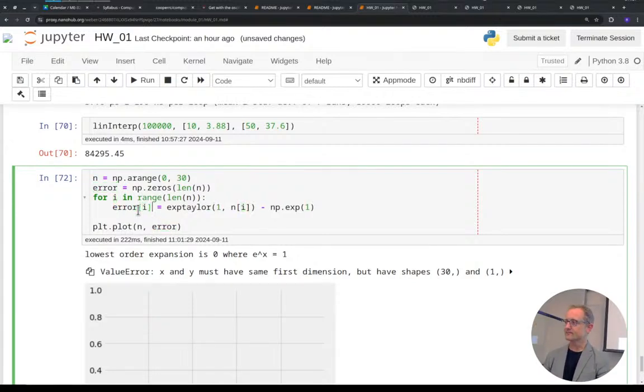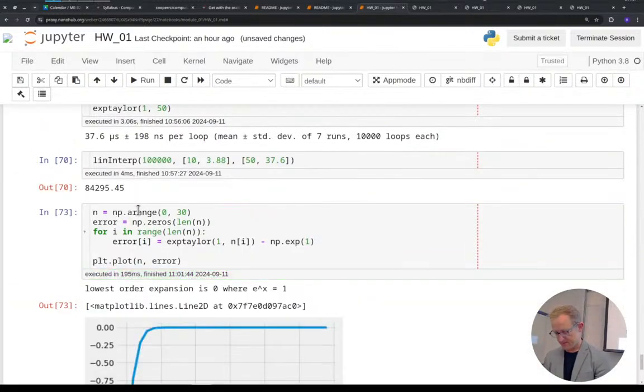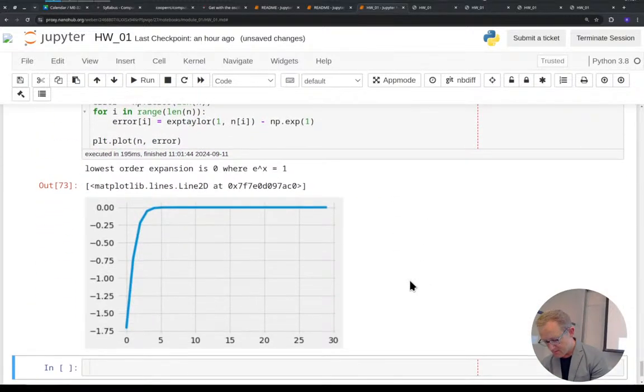Put them into individual spots inside of that error. And now I get negative values, but I don't really care if it's negative or positive. If it's different, I just want to know what the difference is. And it looks like by the time I hit 5, there's no difference between the two methods.